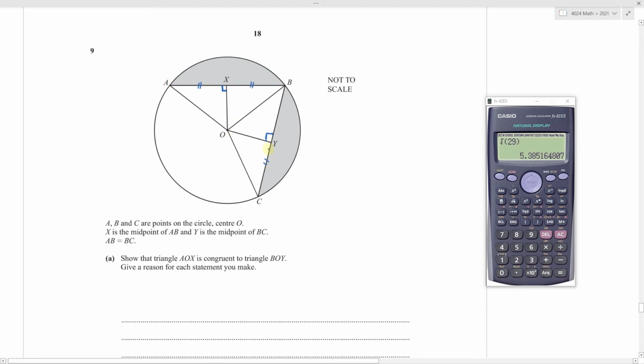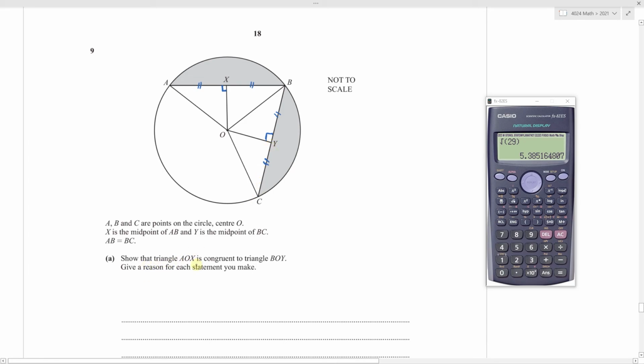And we are told AB equals BC. So then CY and BY will also be equal to AX and BX, since this whole length is split in half, and this whole length is equal to AB, and it is also split in half. So each of these four smaller segments, AX equals XB equals BY equals YC.